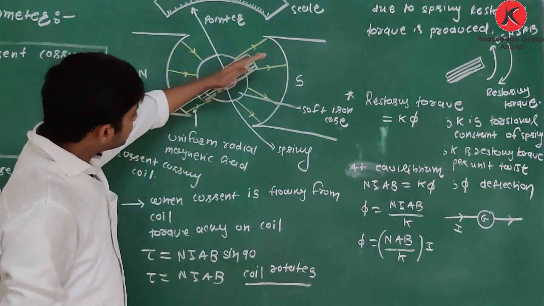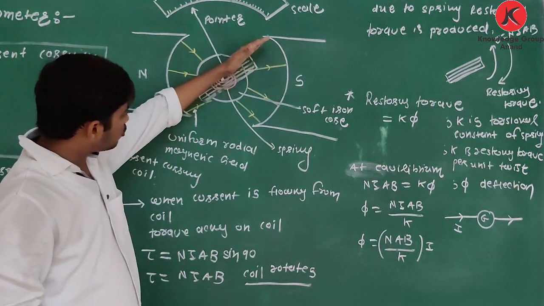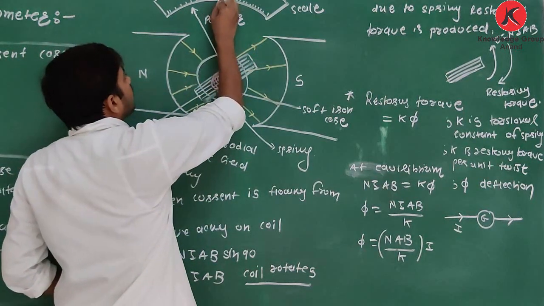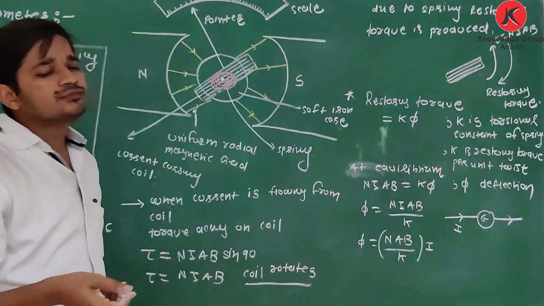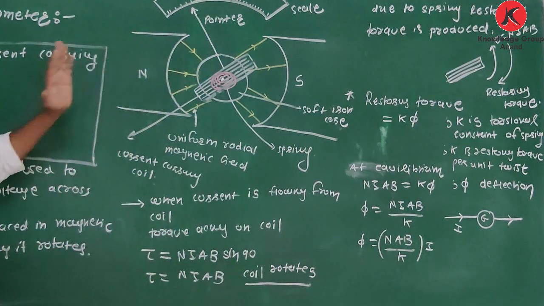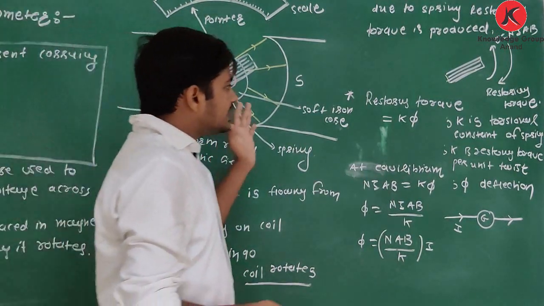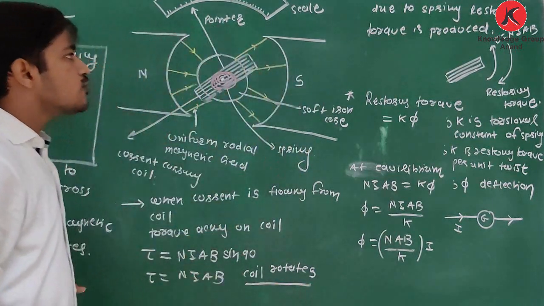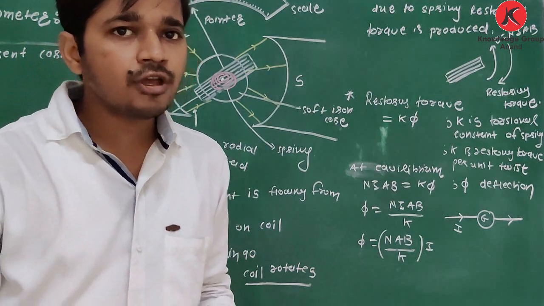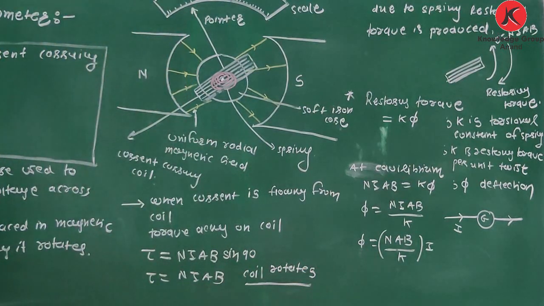Let's suppose the coil is at this position. Then we can easily find its deflection, which means we can easily find the current. So this is the construction of the moving coil galvanometer and how the galvanometer works. Clear about this?